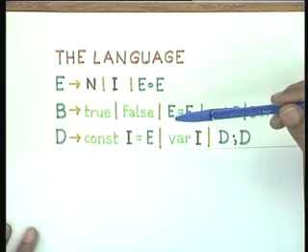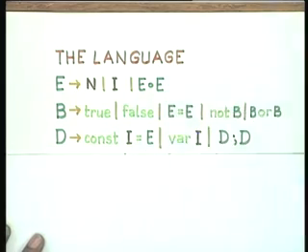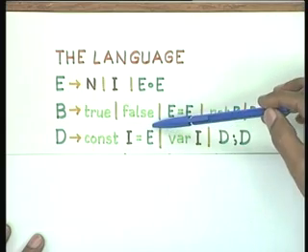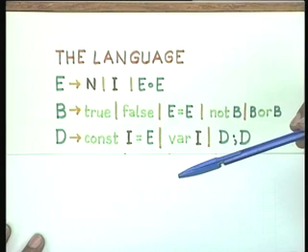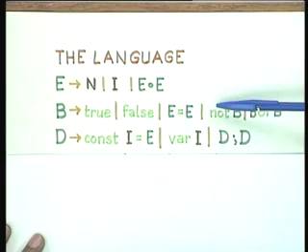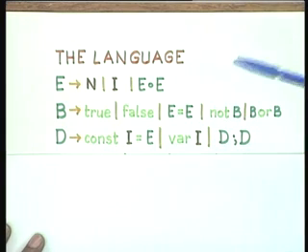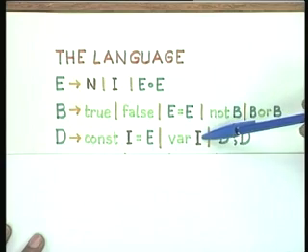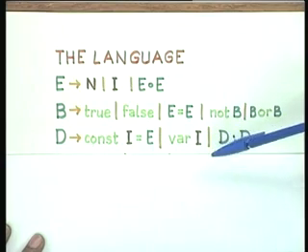Like in the case of the PL0 language, we have constant declarations, we also have variable declarations. In this particular case, since our only data type at the moment is integers, it is not necessary to actually define a type here.